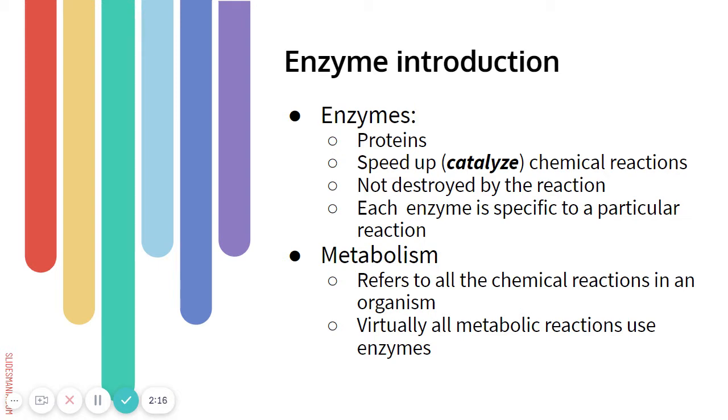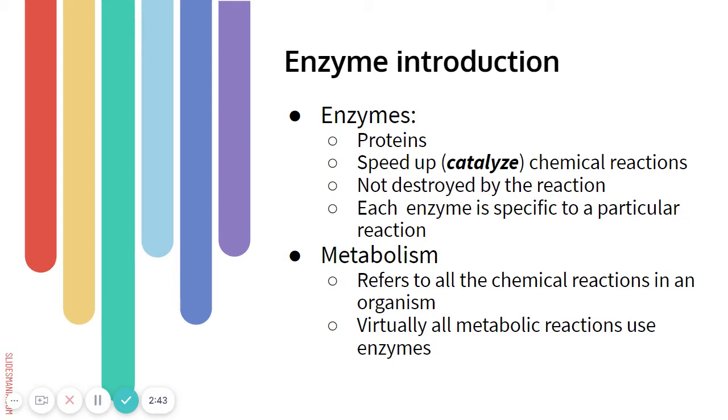And metabolic reactions, or metabolism in general, is just referring to the sum or the totality of all the chemical reactions within an organism. And so all of the chemical reactions that need to take place for a process like cellular respiration to occur, that would fall under the category of metabolism. Any chemical reaction that needs to take place for photosynthesis to occur, also metabolism.